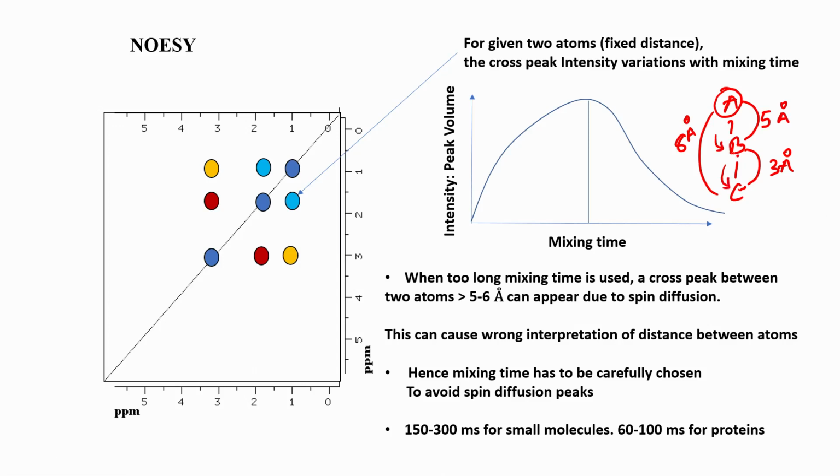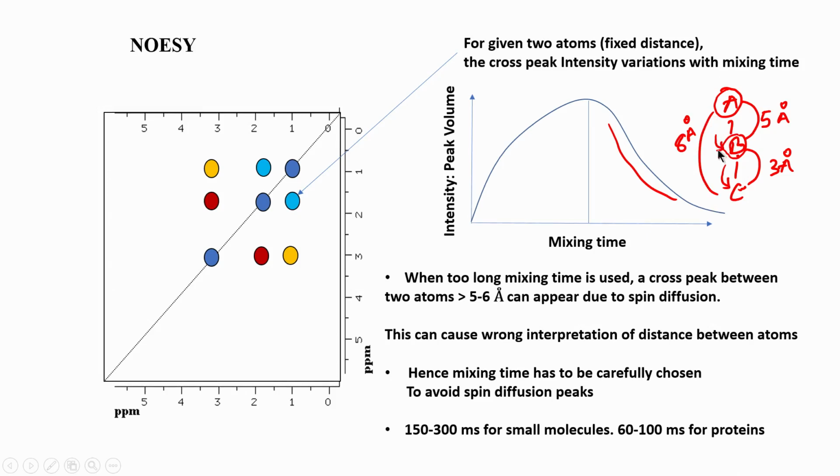This is why the B intensity starts decreasing, because whatever had come from A, the polarization that had come because of the close distance, is getting further transferred to C. So, the intensity of the cross peak between A and B starts decreasing, but the cross peak between A and C starts increasing, because now the A magnetization is going to C through B, though A and C should not actually transfer directly because they are far away.